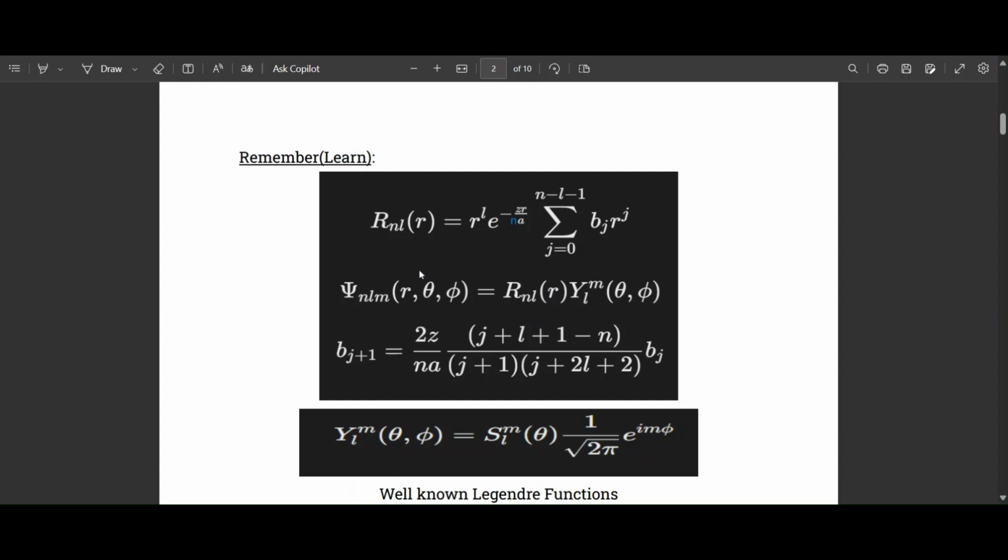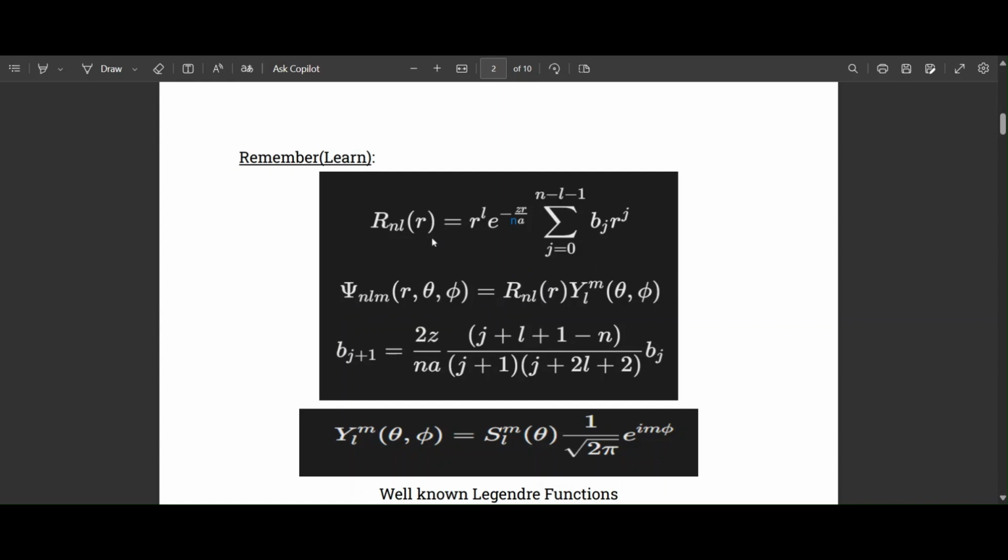There will be another video on the derivation of these spherical coordinates, and on the derivation of the Schrodinger wave equation, etc. But for now we are doing something else. So I'm assuming that we know that the wave function depends upon the radial part and the angular part.